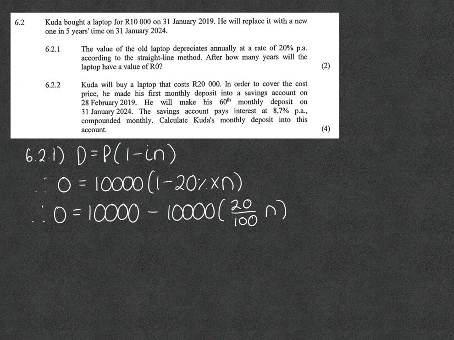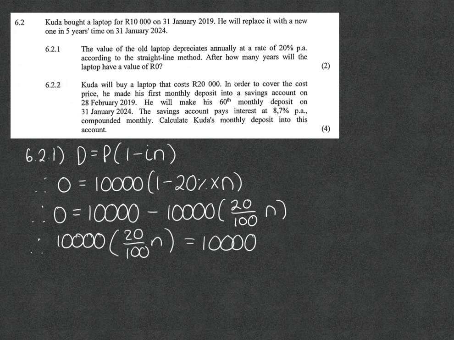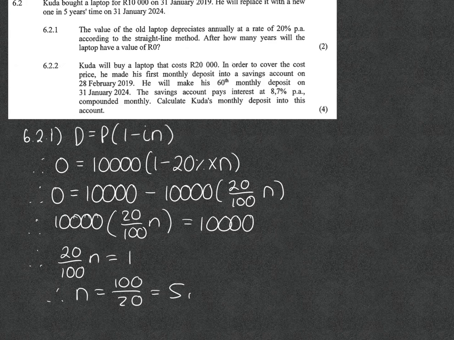So therefore, 10,000 times 20 over 100 n equals 10,000. Okay. Divide both sides by 10,000. So 20 over 100 n equals 1. And then divide both sides by 20 over 100, which gives you n equals 100 over 20, which equals 5 years. Okay, not too bad, just a bit of algebra.